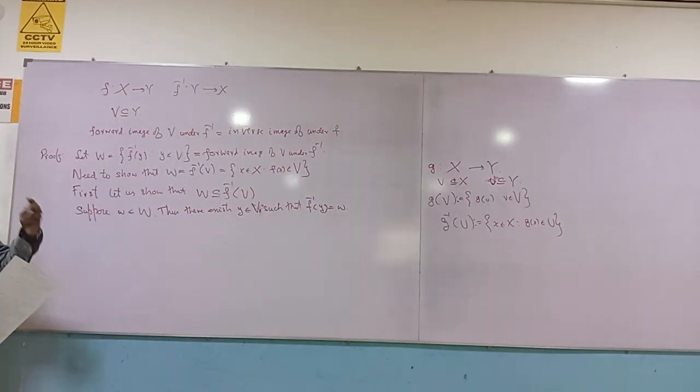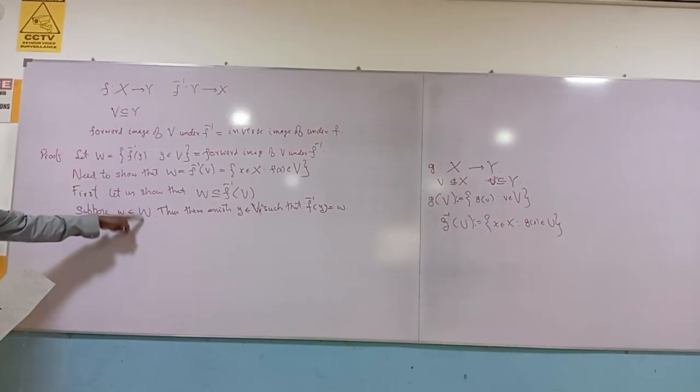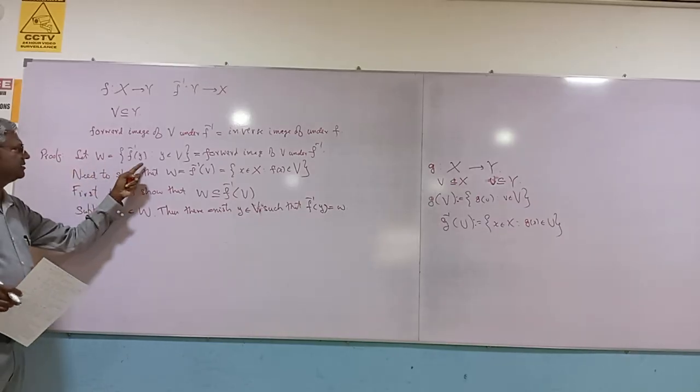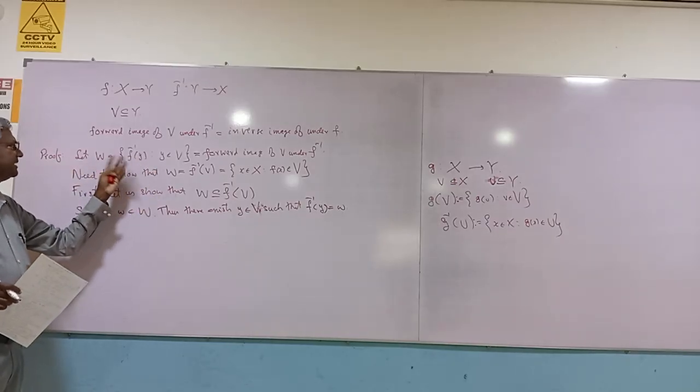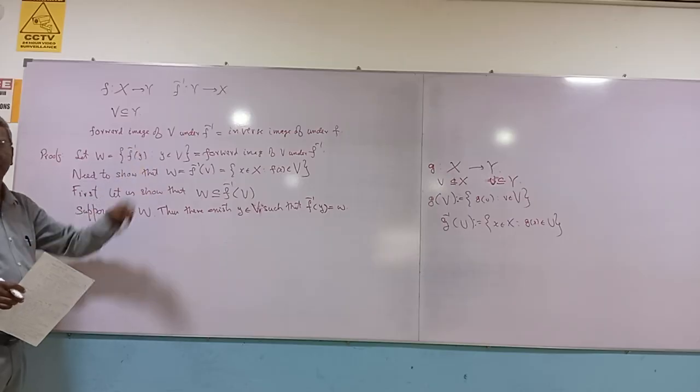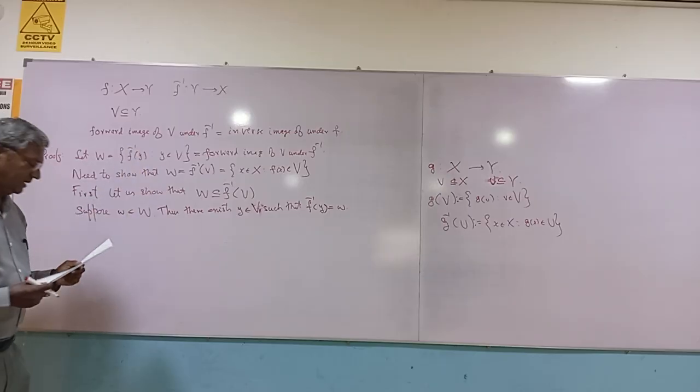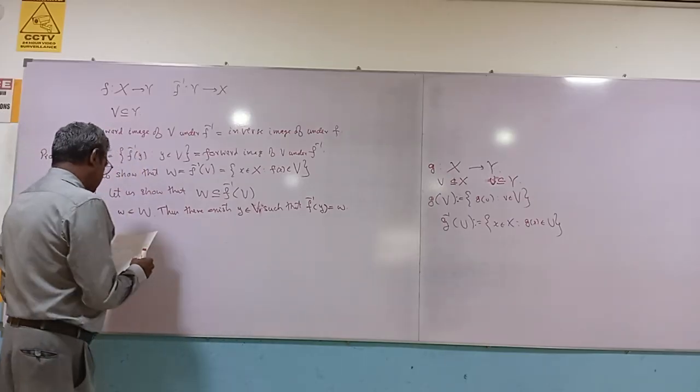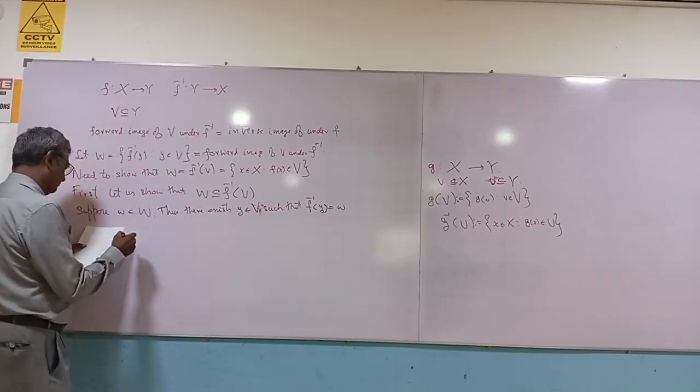By definition. I took W belonging to W. What is the form of the elements in W? They are of the form F inverse Y, where Y belongs to V. Right? Notice that.